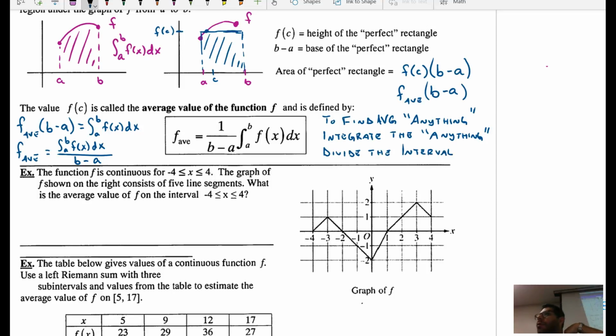Sometimes students say the integral over the interval. The integral over the interval is the average.